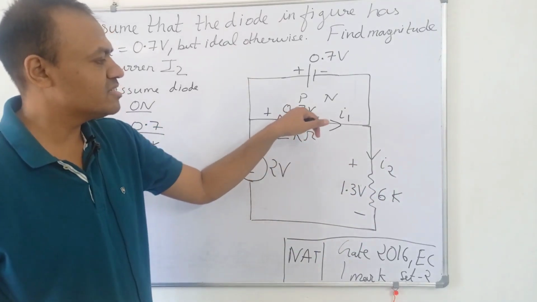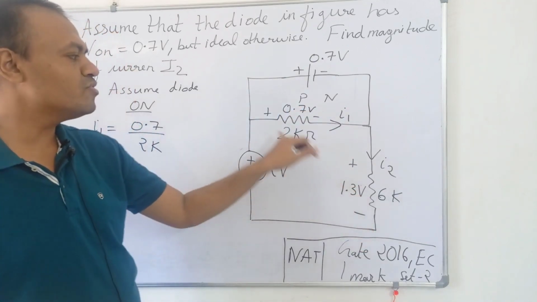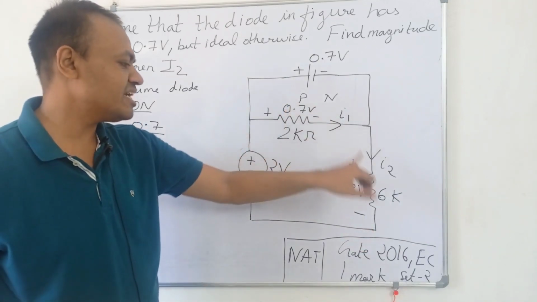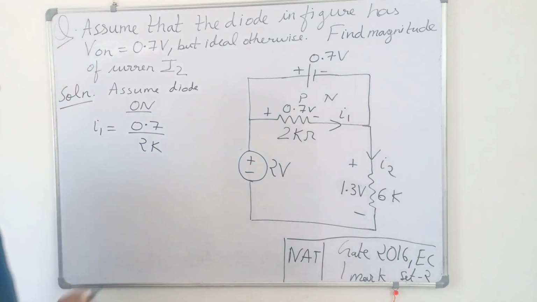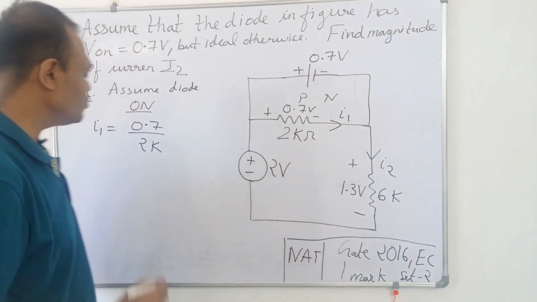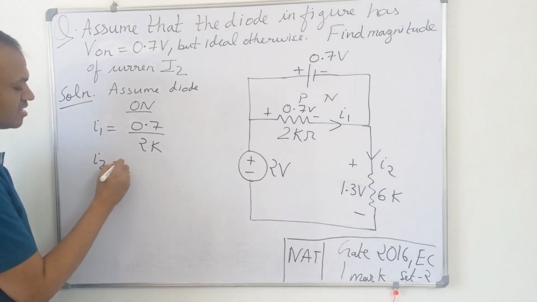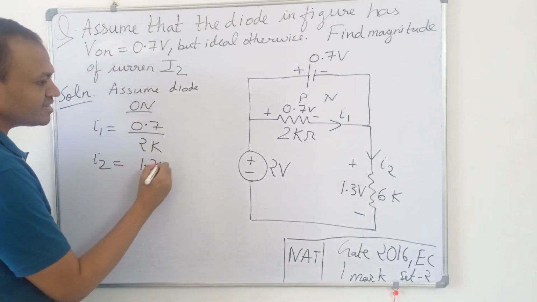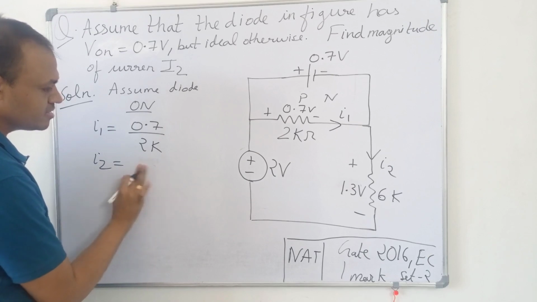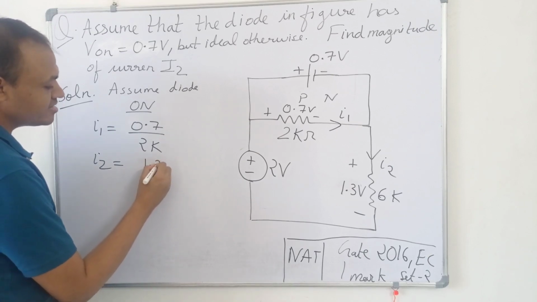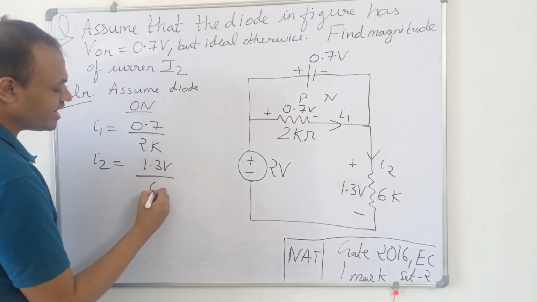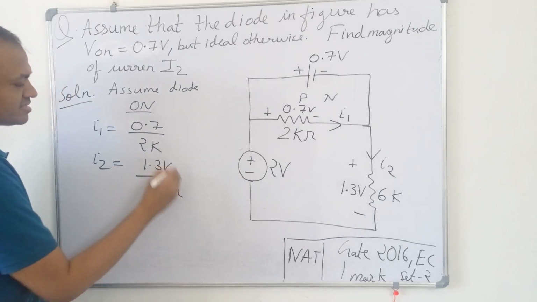So 2 volt is distributed as 0.7 volt and 1.3 volt across these resistances. So I2 will be equal to 1.3 volt divided by 6 kilo ohm resistance.